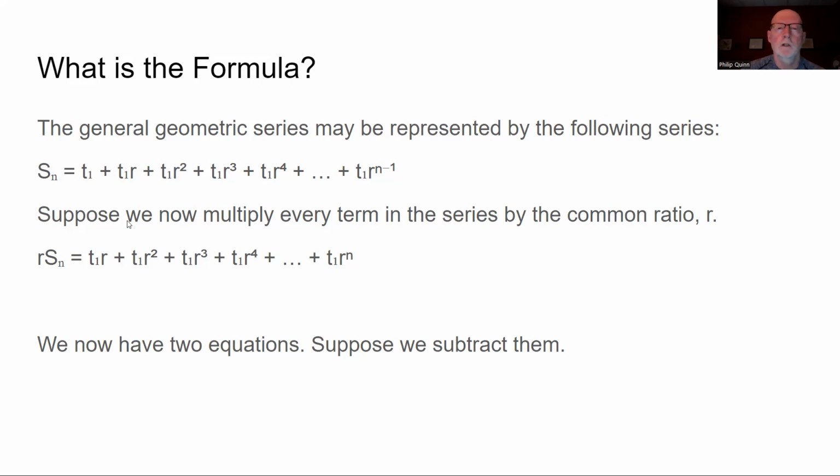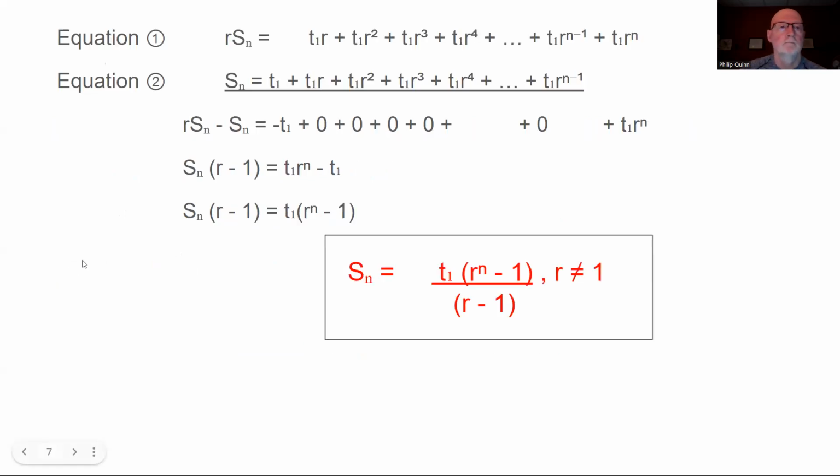Now just suppose we multiply every term in the series by the common ratio. If you look at this equation up here, we just multiplied every term by r. So now we have two equations. Suppose we subtract them, because we can take two equations and subtract them and come up with a new equation.